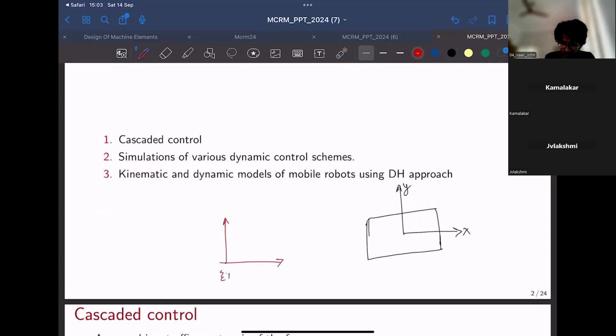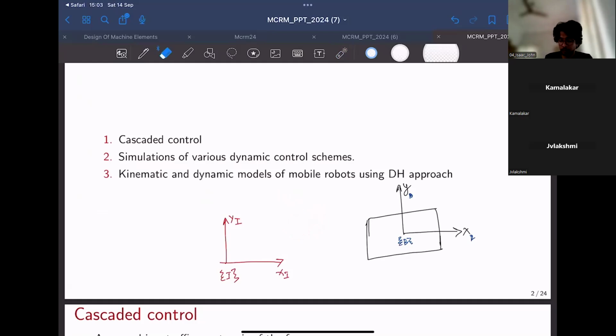We call this the inertial frame, xi and yi. On the robot, we have a frame fixed on the robot. We call this the body frame, xb and yb. The 3 degrees of freedom, one translation along the x-axis, one translation along the y-axis, and one rotation about the z-axis, we consider as virtual joints connected by massless links. Each of these massless links will have 1 degree of freedom, 2 translations and 1 rotation.